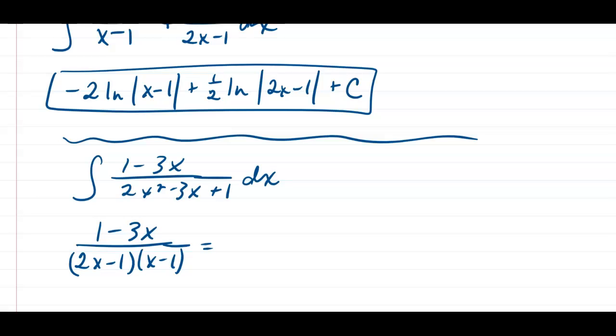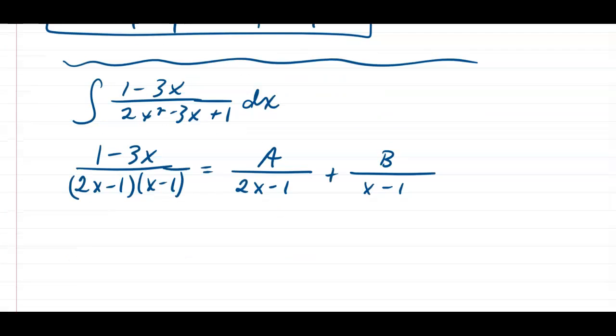And then we're going to use a little symbolism here. We're going to say we know we need a partial fraction where it's something, a, let's say, over 2x minus 1 plus something else, b, over x minus 1. Assume a and b will be numbers. And since we've done this problem already, we know that will be the case.